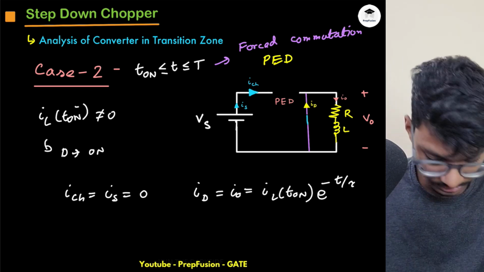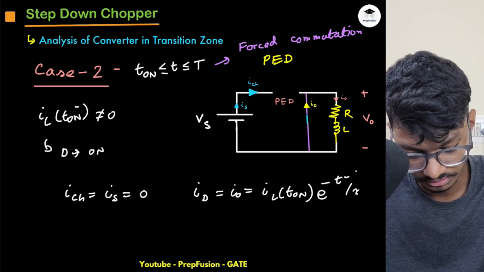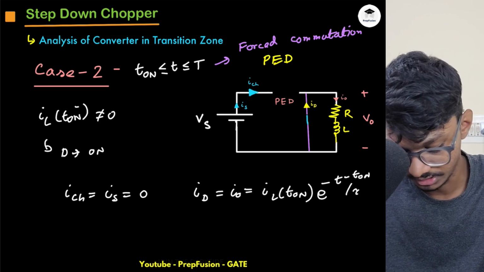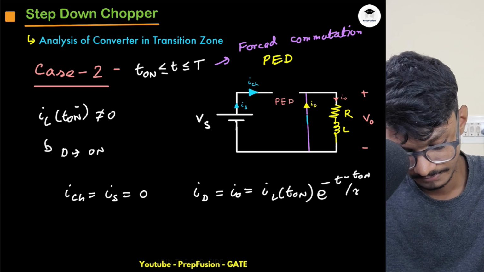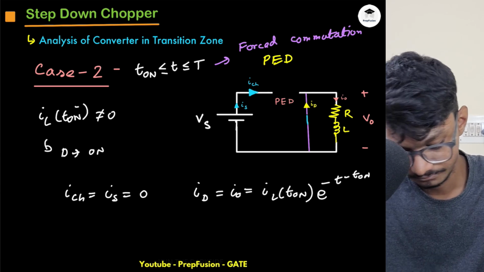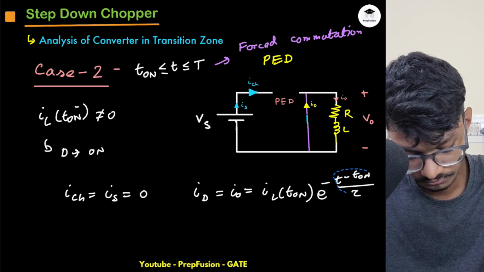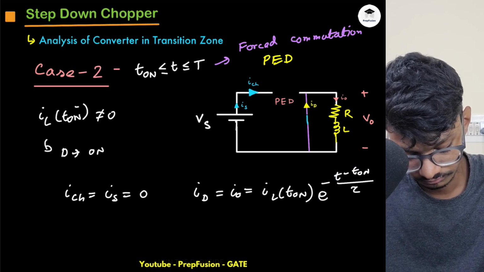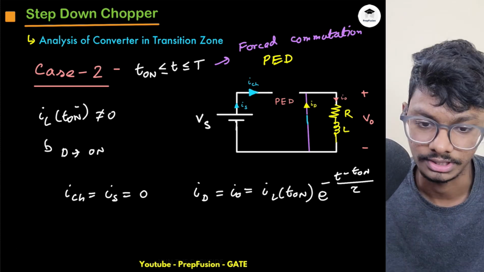Here it will be T minus T on, because from T on we are starting.